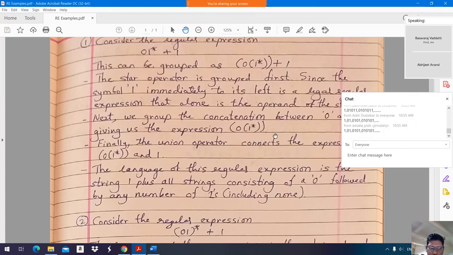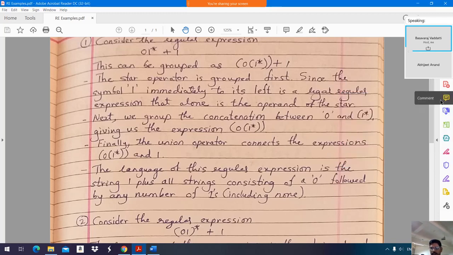Let each one of you type in the English description of the language accepted by this regular expression.